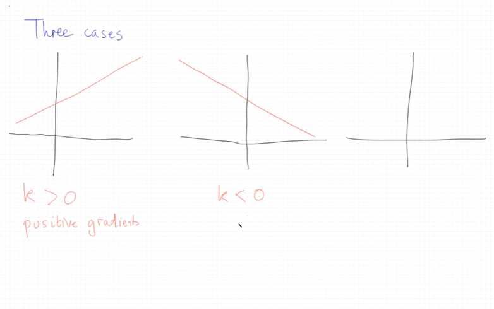We talk about negative gradients. And when we have a horizontal line, the k value is 0.